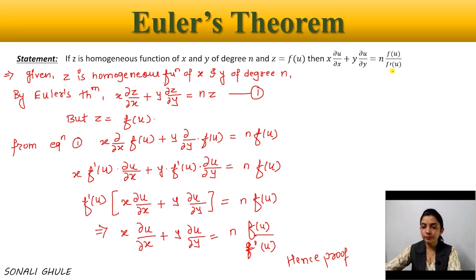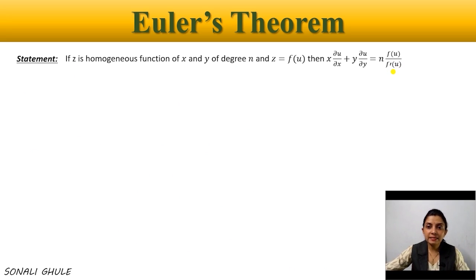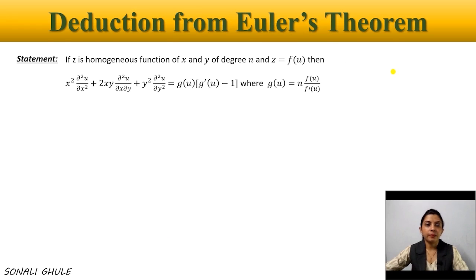Okay, let's have the next deduction of Euler's theorem. Now this is of second order, right? The same procedure we have to use here that we used for u when it is homogeneous of x and y of degree n. So see here, first of all, as I told you, always write down the given part.